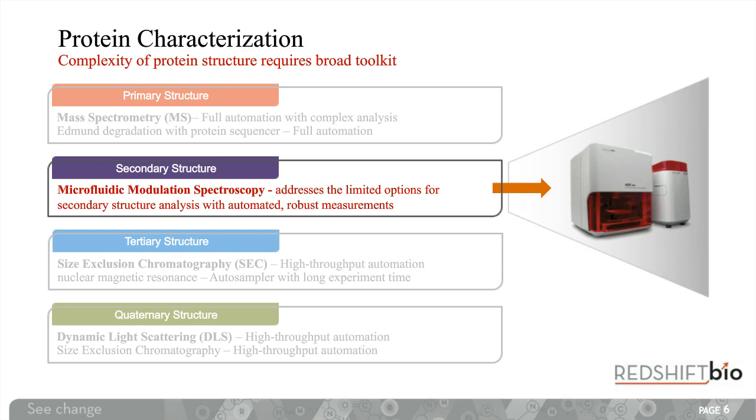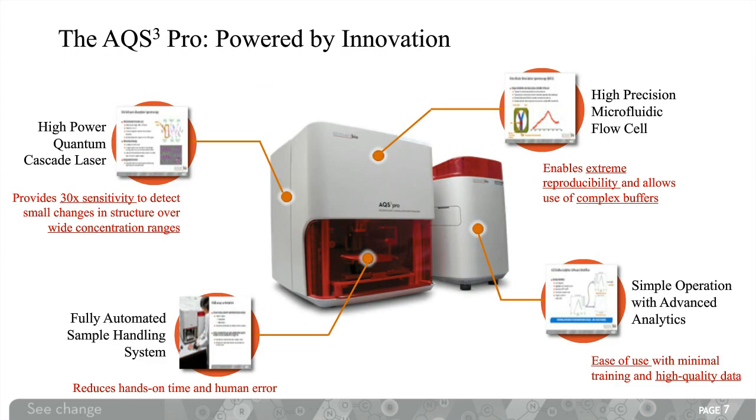Microfluidic modulation spectroscopy seeks to solve some of the issues with Fourier transform infrared spectroscopy in four main ways. We have a very high-powered quantum cascade laser as part of the system, which has about 100 times the power of a standard light source used in Fourier transform infrared spectroscopy. This gives us about 30 times the sensitivity in signal compared to that technique.